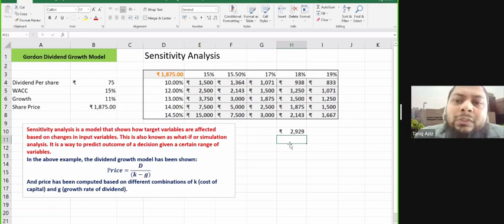So average is coming out to be 2,929. So as per the formula, if the current share price is less than this, then we can say that this share is undervalued. And if it is more than this, then we can say that the share price is overvalued as per the Gordon dividend growth model.